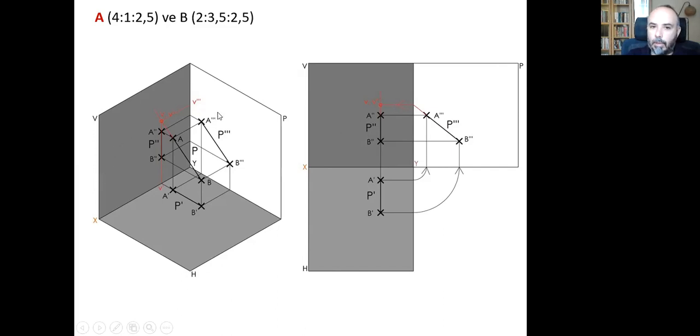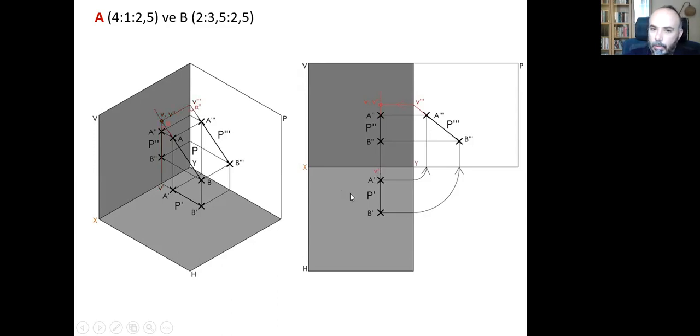And if I am looking at the system on the left side, I will see this trace being projected over here. So I can say that this point will indicate the triple prime of V. And if I am looking at the system from here downwards, I will see this trace being projected on this horizontal projection plane, so I can say that this point here will indicate V prime.